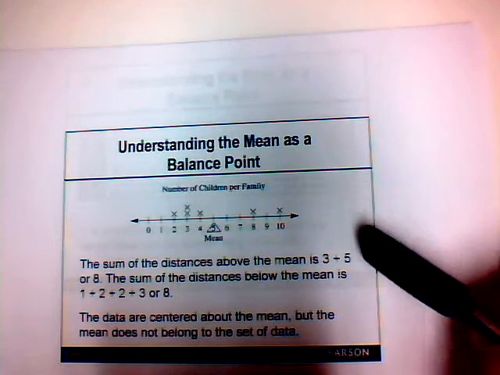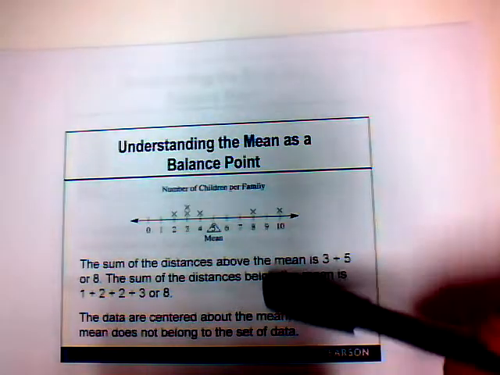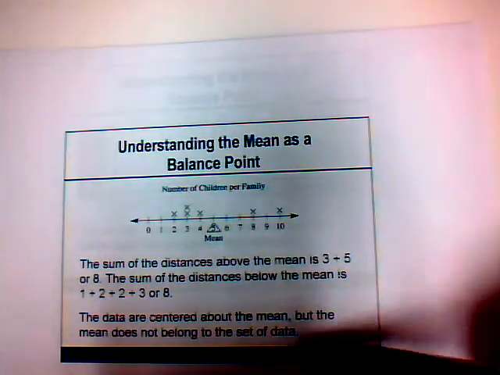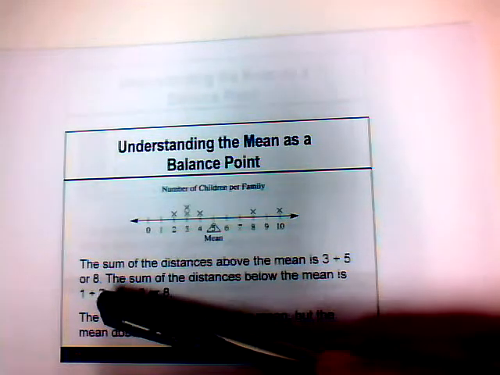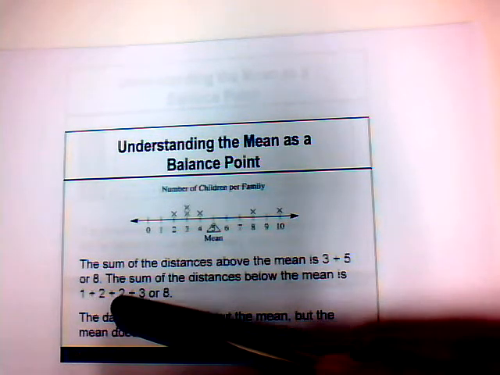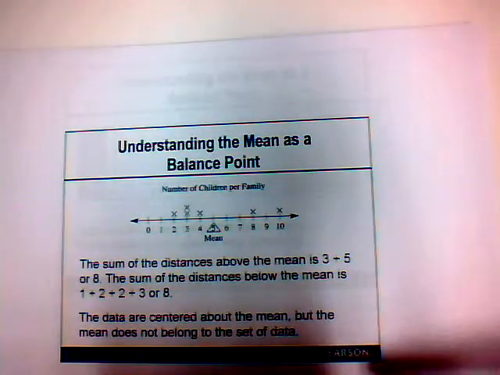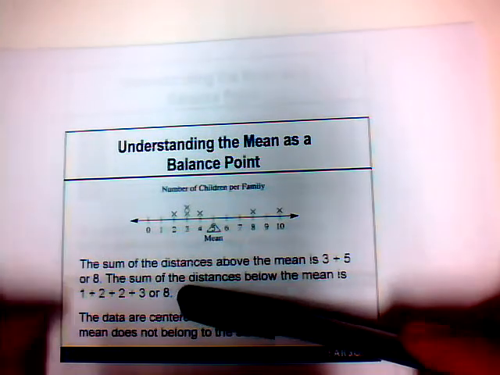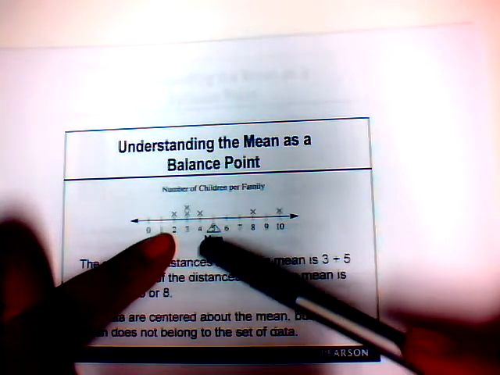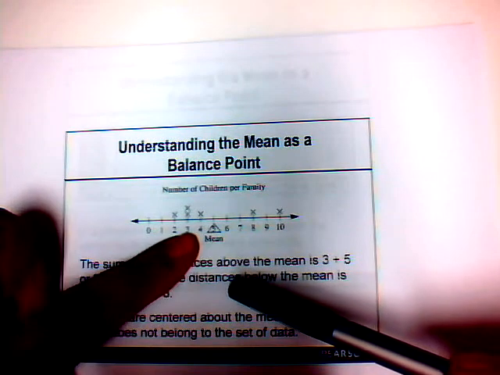As you can see here, the sum of the distances above the mean is 3 plus 5, or 8. And then the sum of the distances below the mean is 1 plus 2 plus 2 plus 3, or 8. They're both the same. The distance from 5 to 4 is 1. The distance from 5 to 3 is 2.